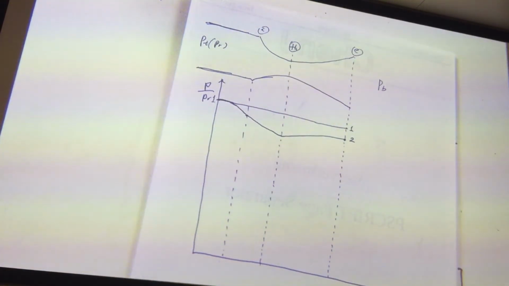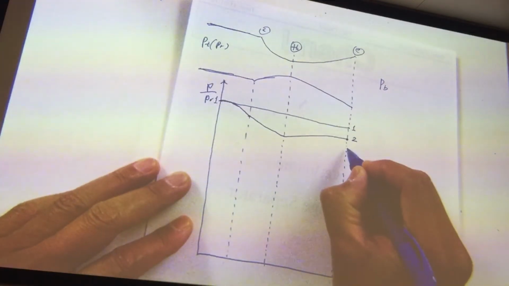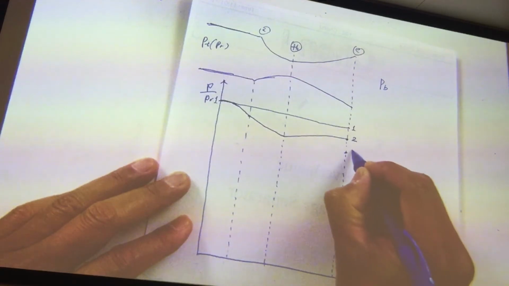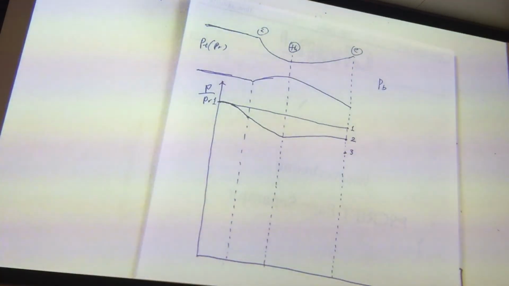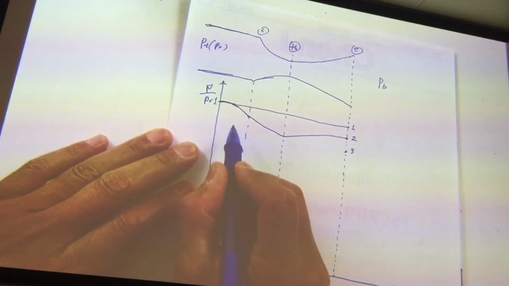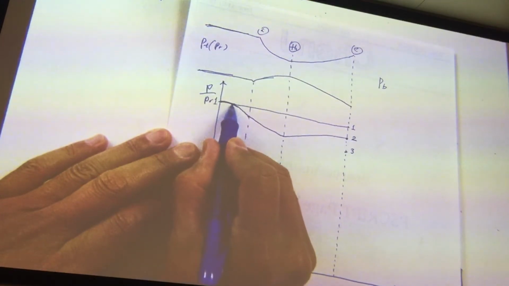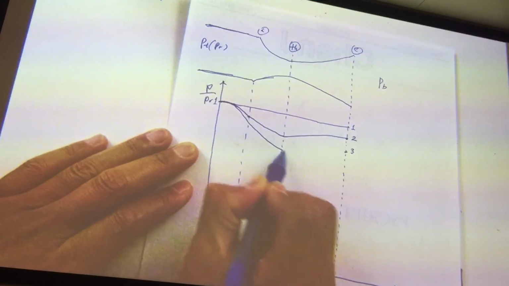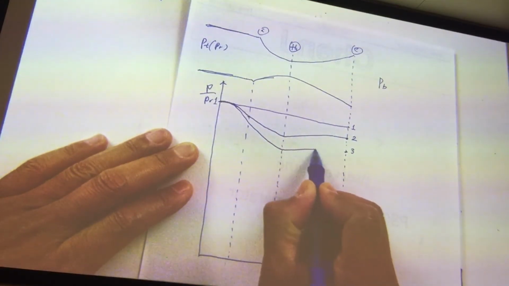So what happens is, if I decrease the pressure more to 0.3, then you would imagine that there will be more flow induced, or higher speed flow induced, right? So what you will have is something like this. And then it goes back up.